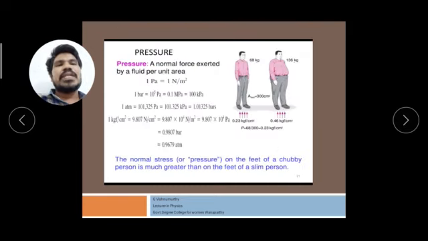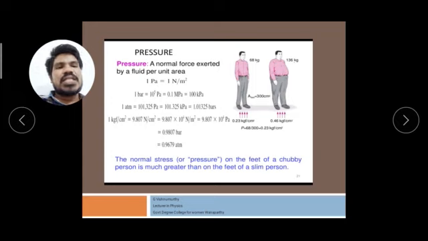And the pressure, a normal force exerted by a fluid per unit area, is called the pressure. That is 1 pascal equals 1 newton per meter square, or 1 bar equals 10 to the power of 5 pascal, that is equal to 0.1 MPa. It equals 1000 kilopascals. And 1 atm equals 101,325 pascals. And these are the units and values of the pressure.